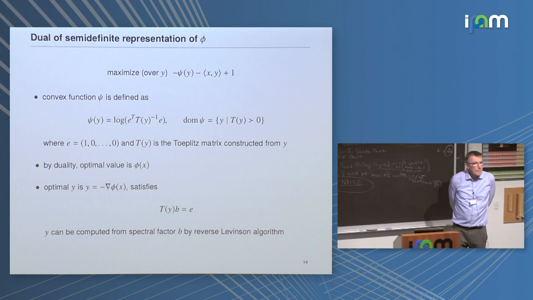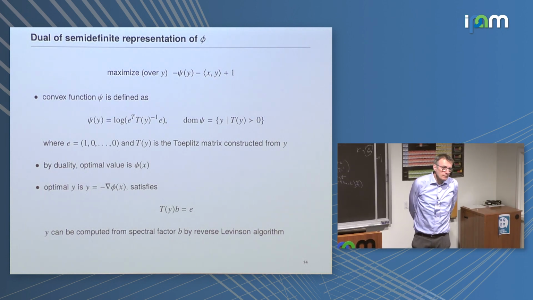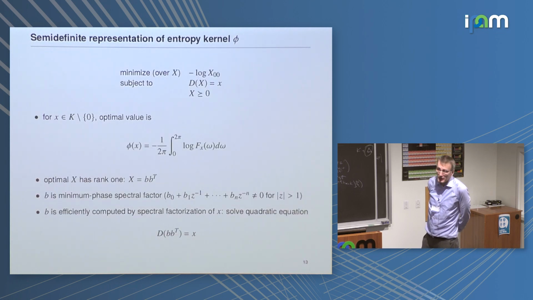I see. But the systems theory interpretation is that this b is the filter. So you started from a transfer function? So you start from x, that's positive, f of x is positive, the coefficients of a positive trigonometric polynomial. The first step is to do the spectral factorization of f, and the minimum phase spectral factor is this vector b.